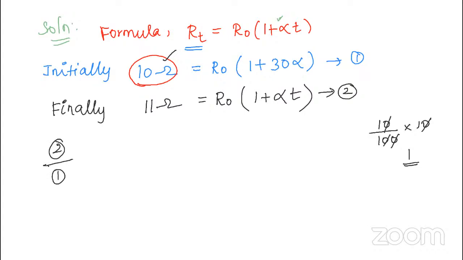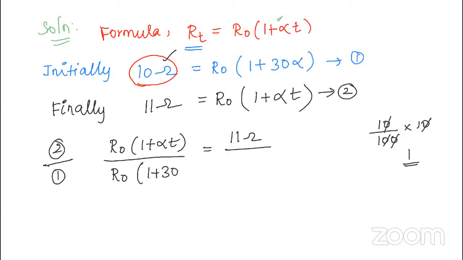Now let's see, dividing equation 2 by 1. First write the second expression: R naught into 1 plus alpha T divided by R naught into 1 plus 30 alpha, equal to 11 ohms divided by 10 ohms. Here the common terms cancel. The next step is to cross multiply, and then we can solve these equations and finally find the temperature.